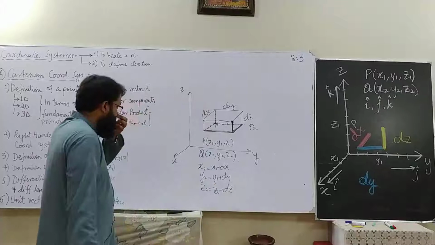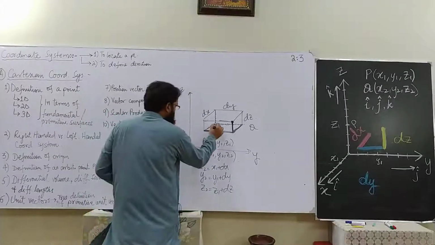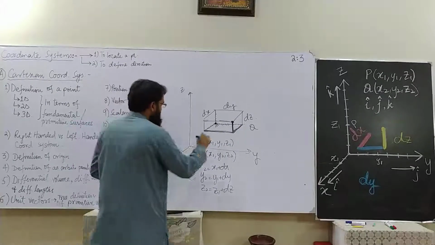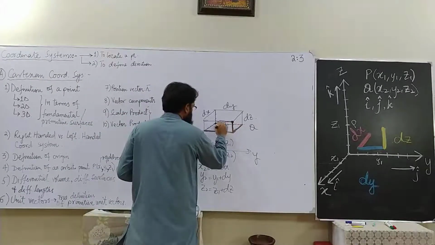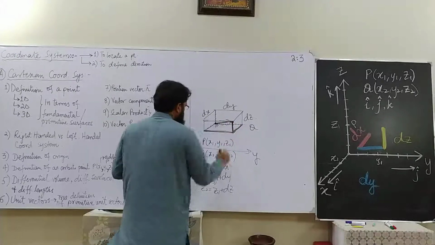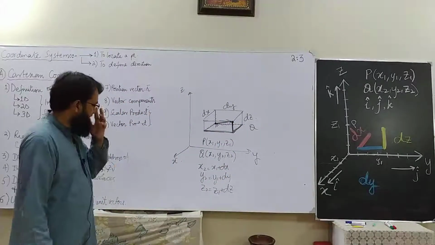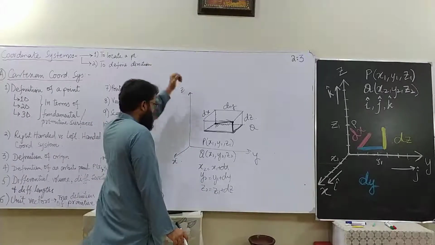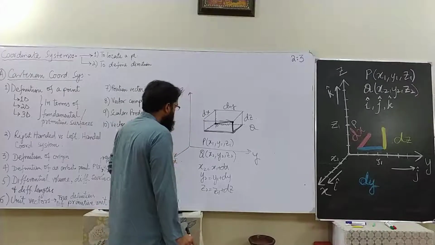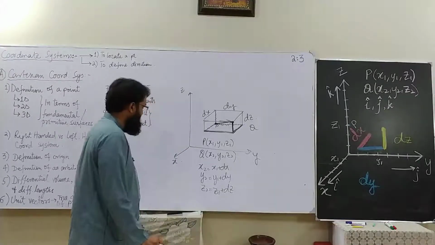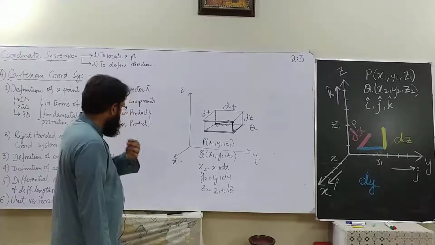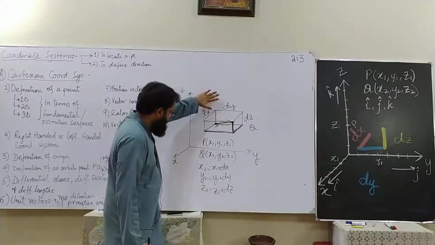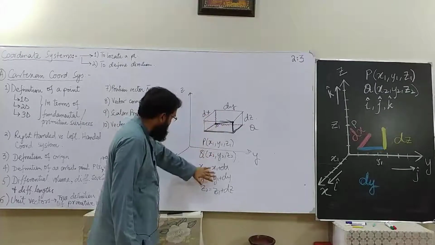Okay, so any vector that starts from this point P and terminates at this point Q, this one, we can call it diagonal vector. Okay, I want you all to pause here.